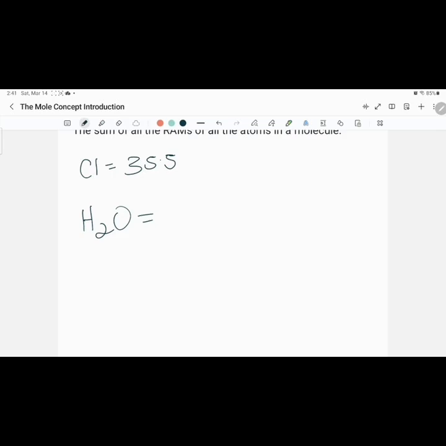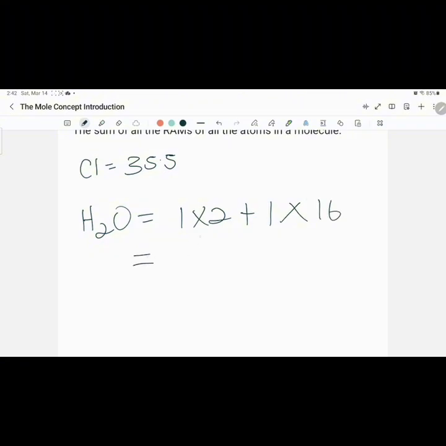The RAM of hydrogen is 1, and since there are 2 atoms of hydrogen in this molecule, we multiply by 2 and then add it to 1 atom of oxygen times the RAM of oxygen, which is 16.